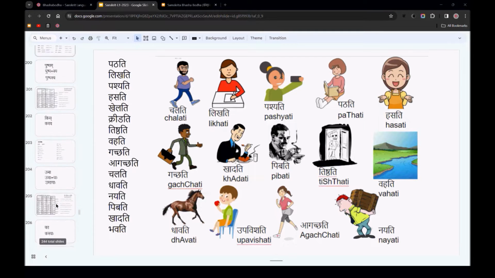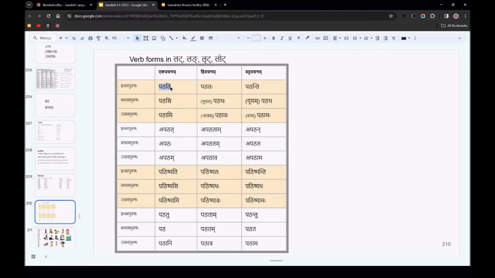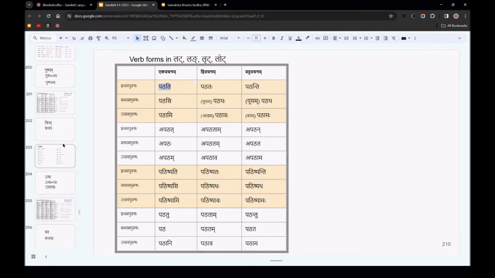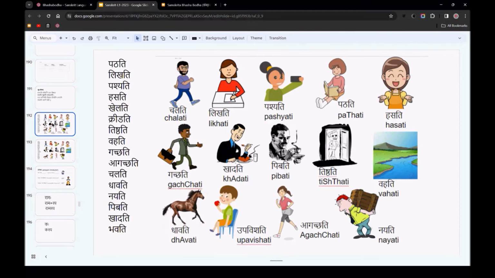If you look at the table here, chalati looks like this, like pathati. It means Prathama Purusha, Ekavachana form is chalati. So the dhatu or root word for that chalati is chal. Similarly, for pathati it is pat. So dhatu is the root or the base word from which all the forms of a kriyapada are derived in all the tenses. It could be any tense, any purusha, or any vachana.